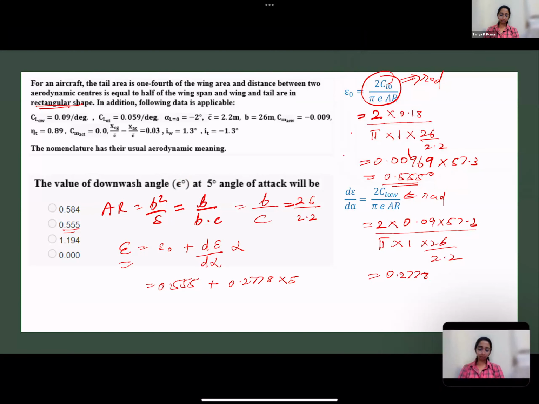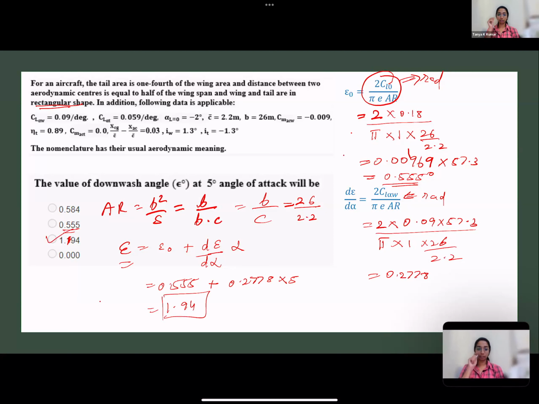See, they have been very tricky with the options. They've given you 0.555 directly. It's 1.94. Okay, so the option is wrong. Be very careful.